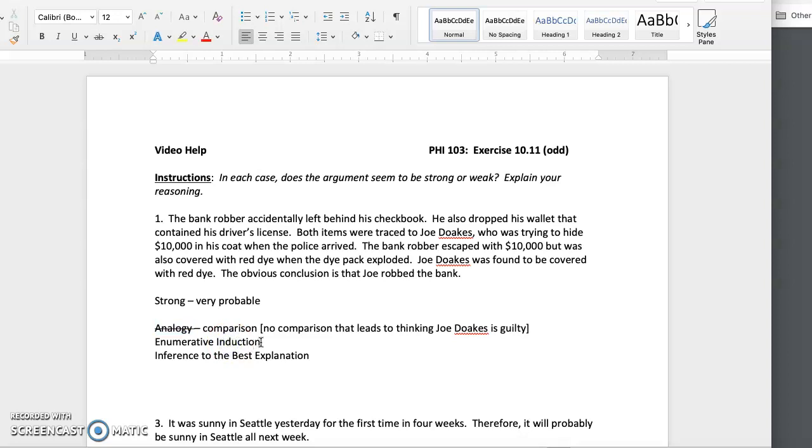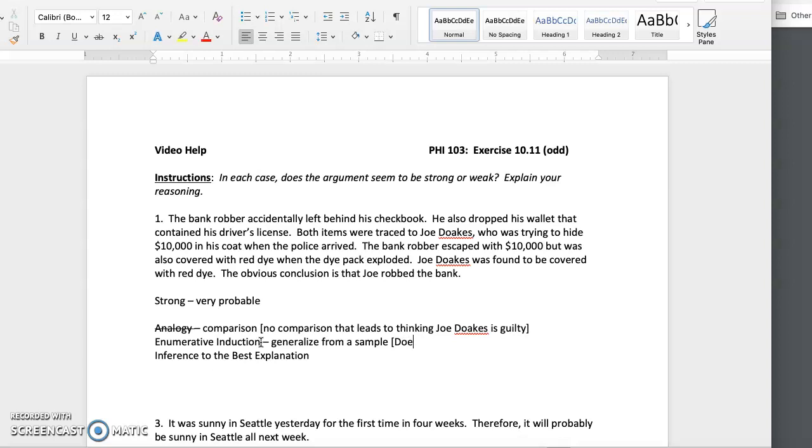Enumerative induction is when you generalize from a sample, right? You see a bunch of things that all have a certain characteristic and they do something, and then you think, oh, anything else that has that characteristic is going to do that thing too. And so it's generalization from a sample.